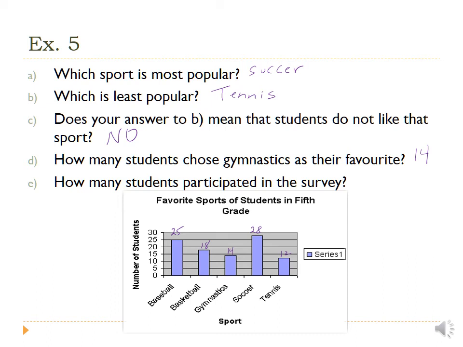So now that you have the number of students in 5th grade that like each one of those sports, just add them all up. 25 plus 18 plus 14 plus 28 plus 12. So add all those up, we get 97 students. Just double check that, 25 plus 18 plus 14 plus 28 plus 12, 97, perfect.